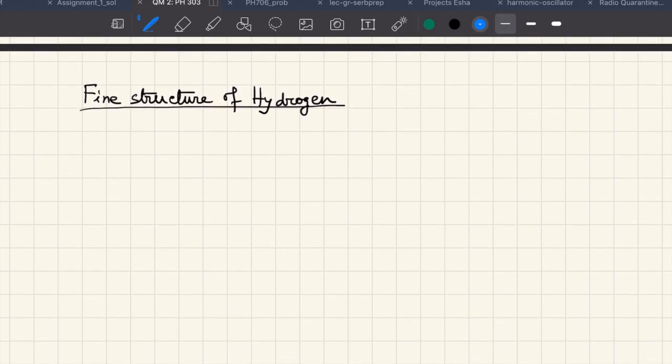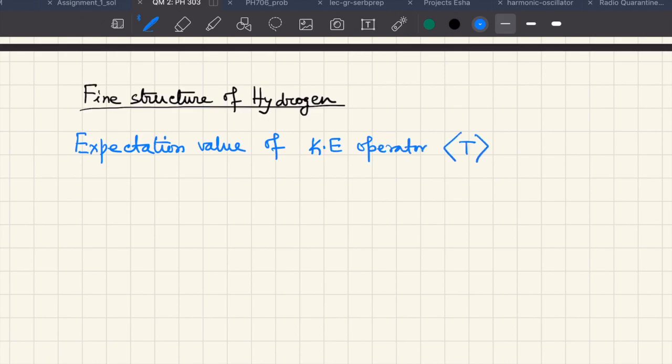Remember that the expectation value of the kinetic energy operator, which we may denote by this symbol T, is related to the expectation value of the potential energy operator, where the potential is of the form r to the power n, any central potential kind of form, by this relation.